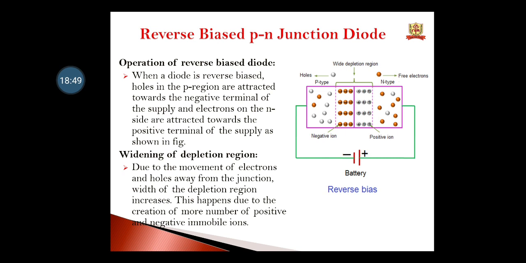Now this is the operation of the junction diode in reverse bias mode. Here you can see, as you know, P type semiconductors have a large number of holes, that is majority carriers, and a small number of electrons, minority carriers, and N type has a large number of electrons as majority carriers and a small number of holes as minority carriers.